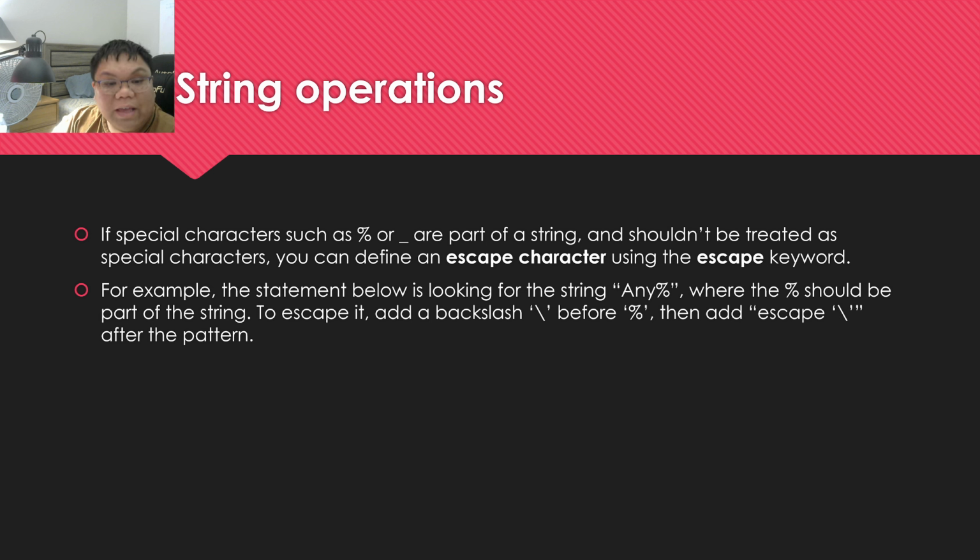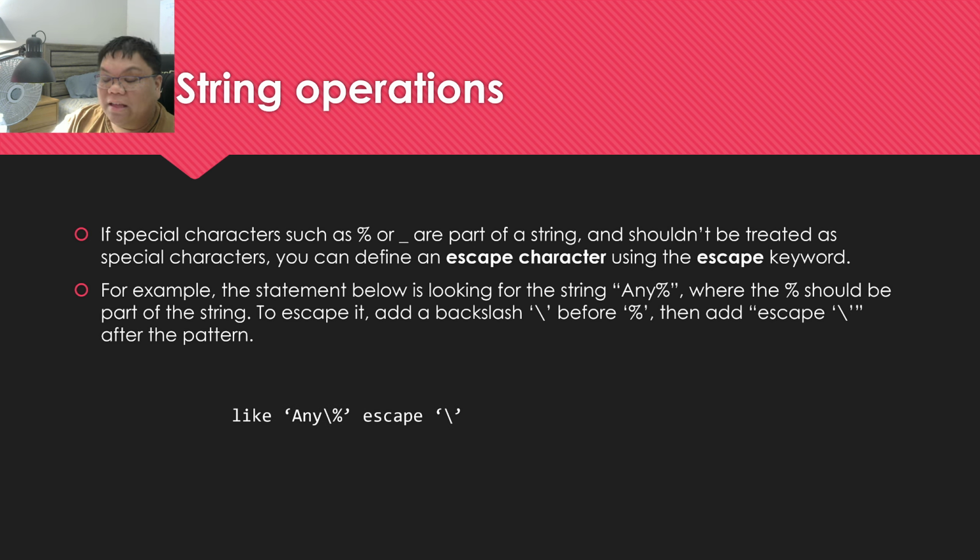If a special character is actually part of the string, and you should not treat it as a special character, we can define an escape character. So if we are looking for a string containing the % sign, where the % is part of the string, we can define an escape character, such as backslash, before %, and then add escape, and then in single quotes, backslash.